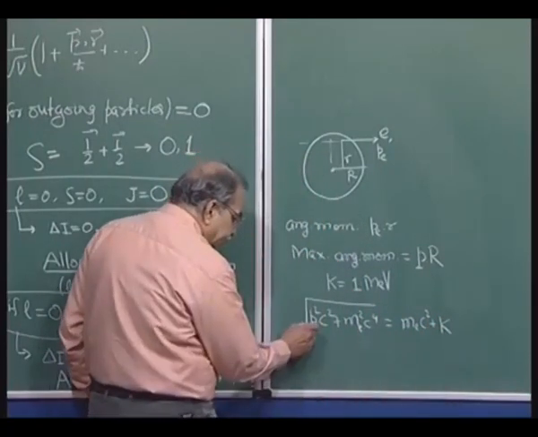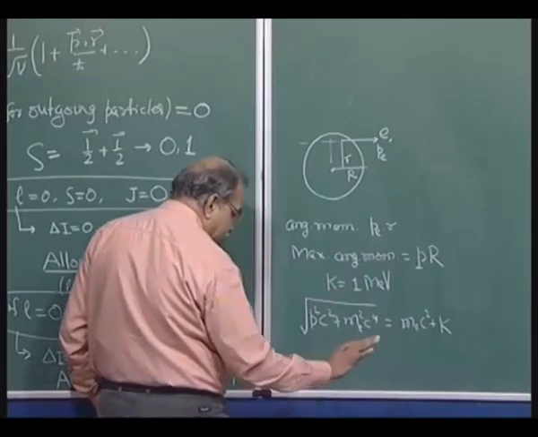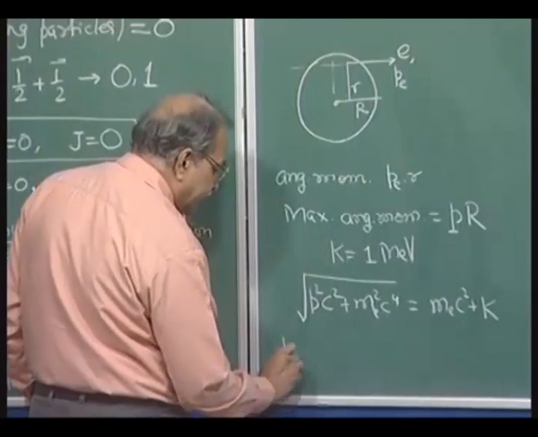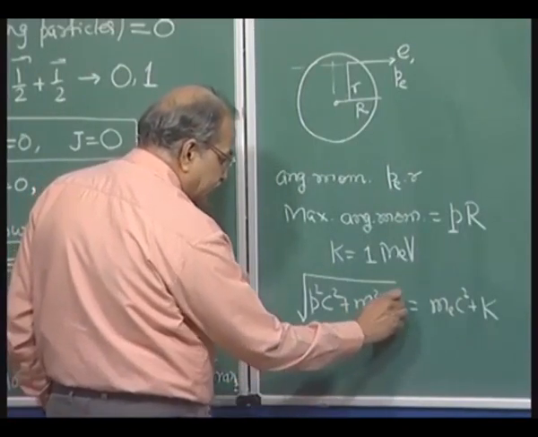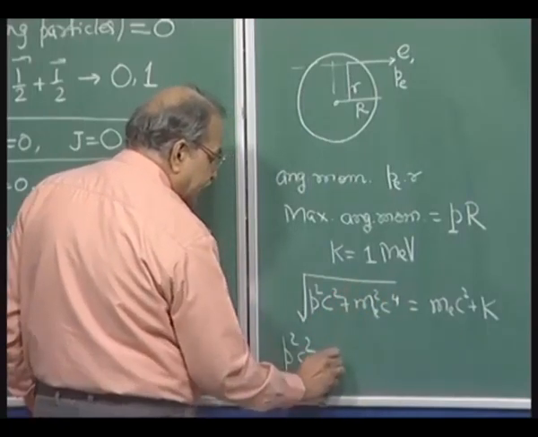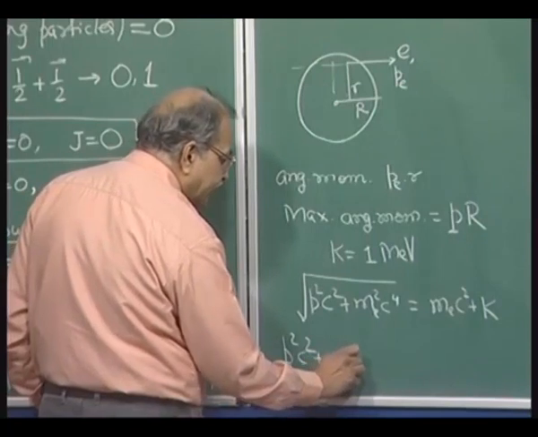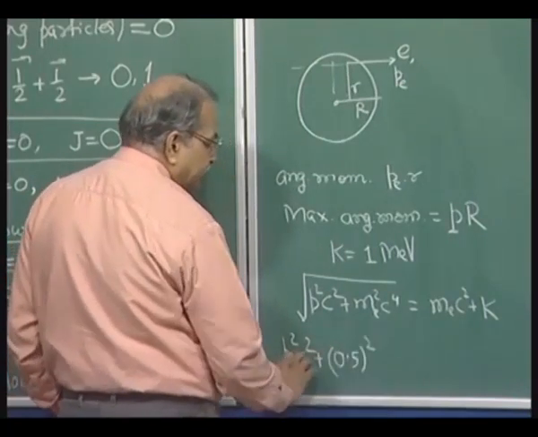Okay. So, I need this P with K equal to 1 MeV. We will do all rough calculations. So, let me write P square C square plus m E square C4, which is the square of the rest mass energy, and rest mass energy is 0.5 MeV. So, square of that. Everything will be in MeV.